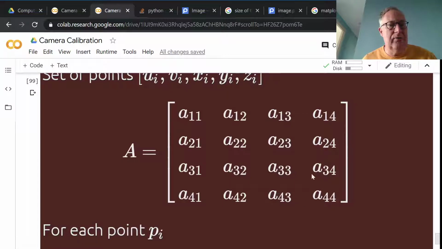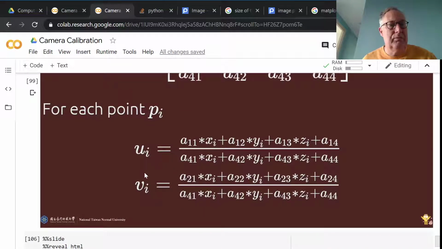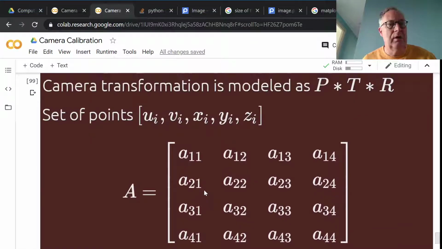But we would have 14 unknowns then, right? 16 minus 2, 14. So that every point gives us 2 equations. So if you have a minimum of 7 points, or 8 points if you are dealing with the full 4x4 matrix, then you have enough equations to solve that system.